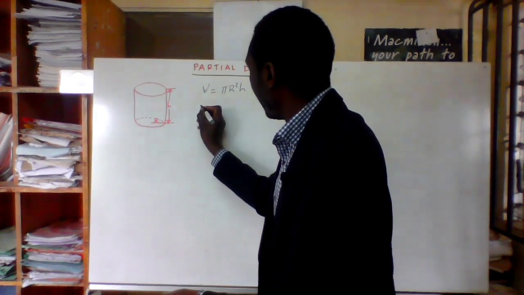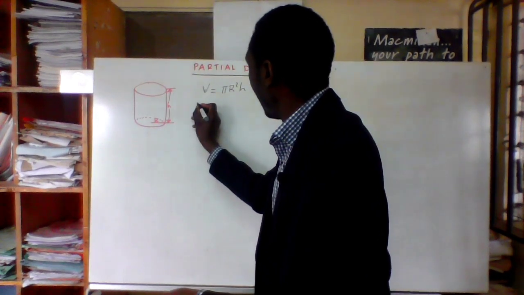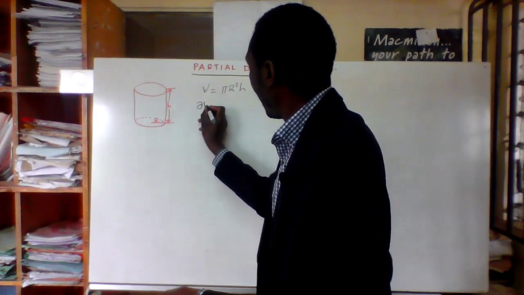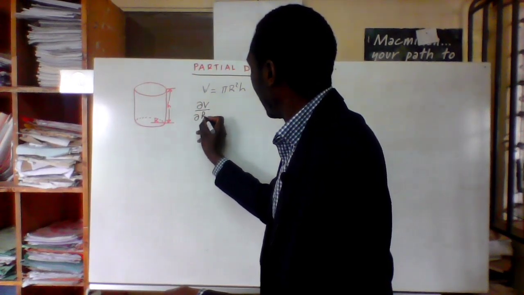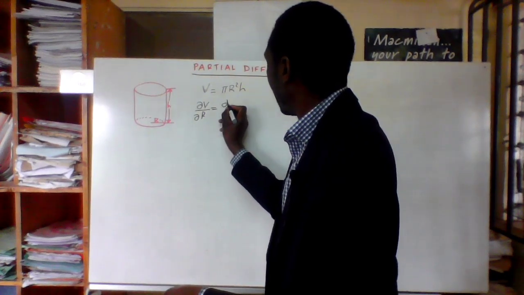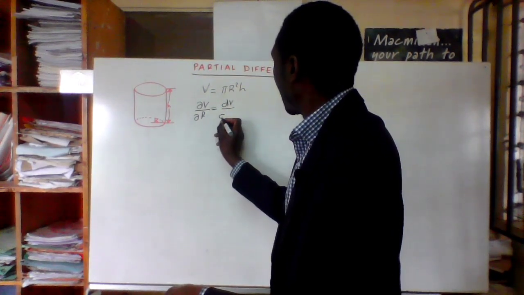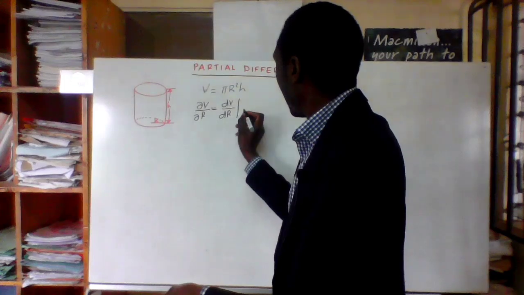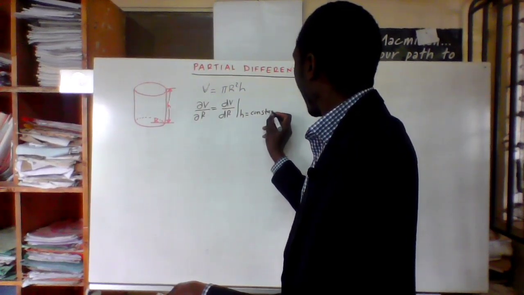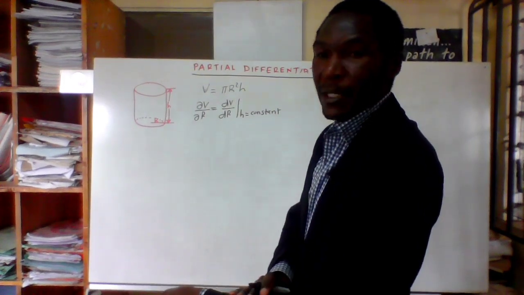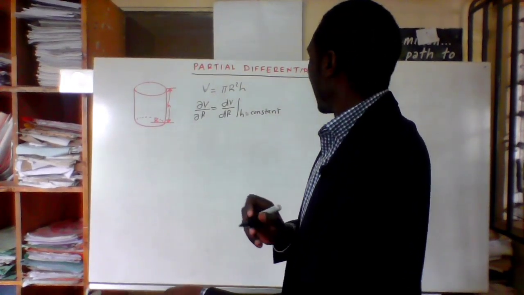So here we define the partial derivative of V with respect to r as differentiating V with respect to r, keeping h a constant. That is the definition of the partial derivative of V with respect to r.